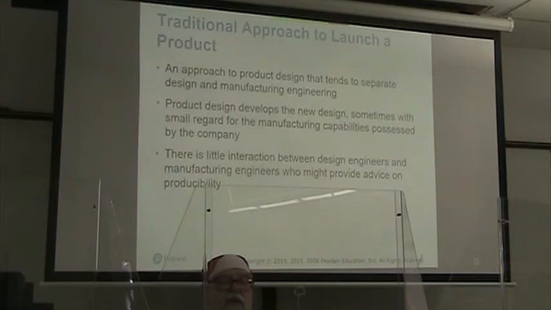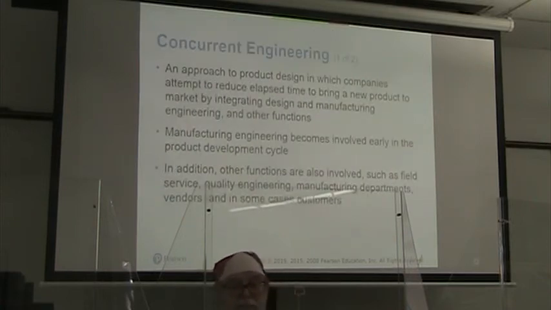So there's no interaction or little interaction between the design engineers and the manufacturing engineers, which is too bad because the manufacturing engineers might be able to give good advice on how we make this.